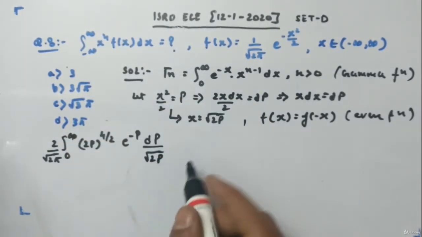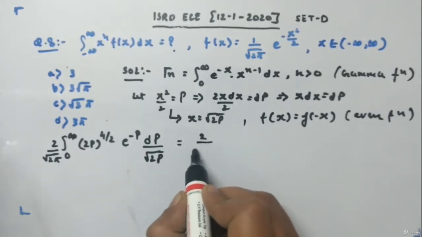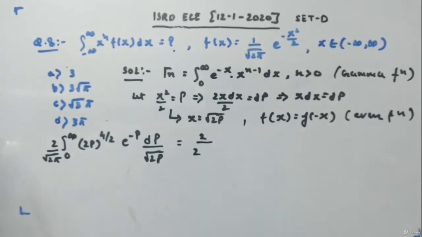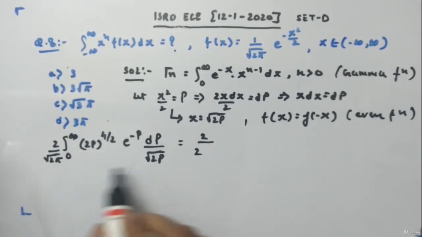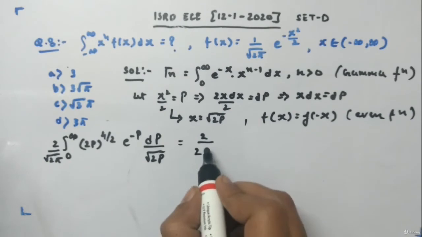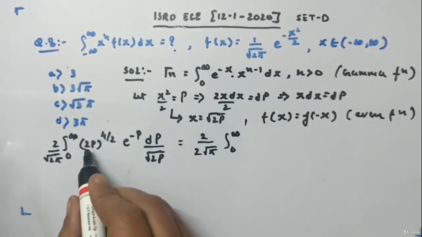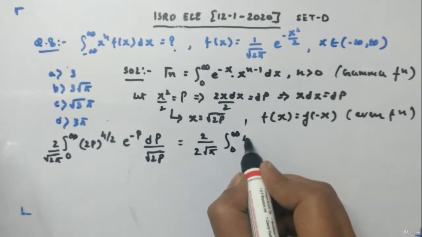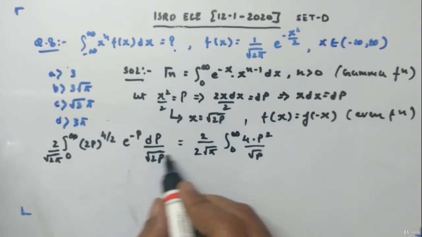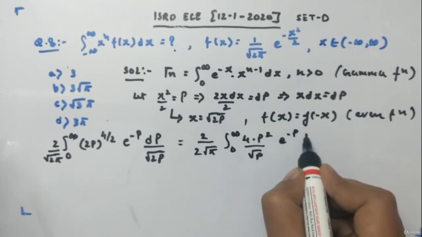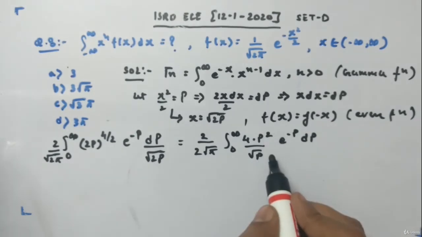Now if you take under root 2 pi common, you will get 2 divided by 2, under root 2 under root 2 multiplied, under root pi, then 0 to infinity, 4 into p square divided by root p, this root p remaining, e to the power minus p dp. Okay, so this is p to the power half.